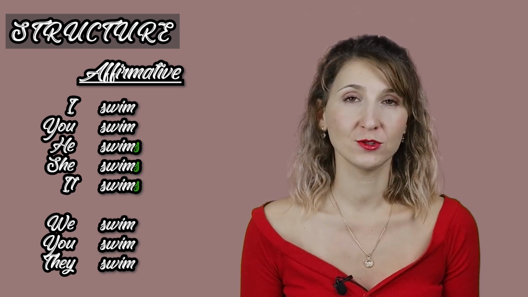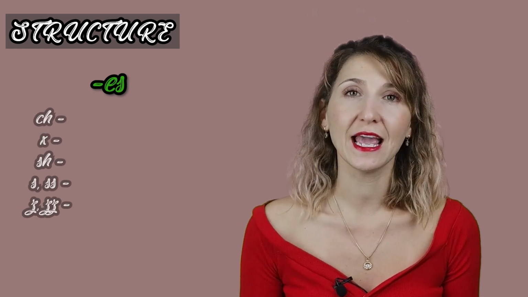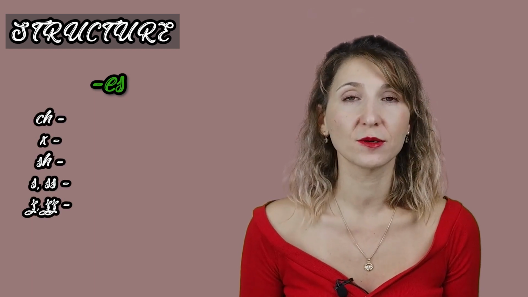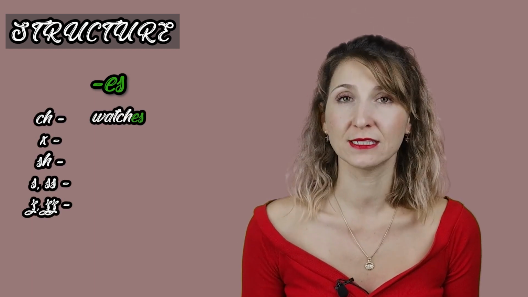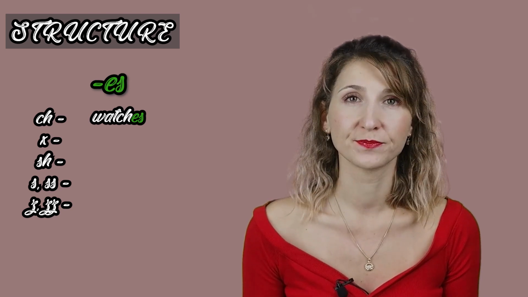But it is important to say that sometimes we don't just add extra s, we add es. When? Here you have to remember some consonant sounds, and when you see them at the end of the verb, you need to add es. Some of those consonants are ch, like in the verb watch. In third person singular it becomes watches.